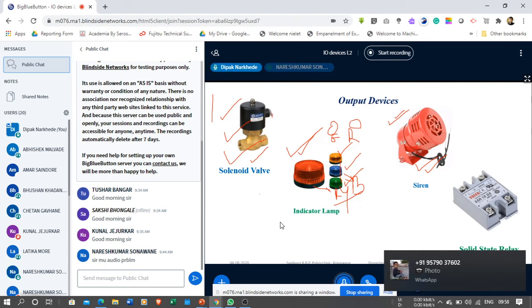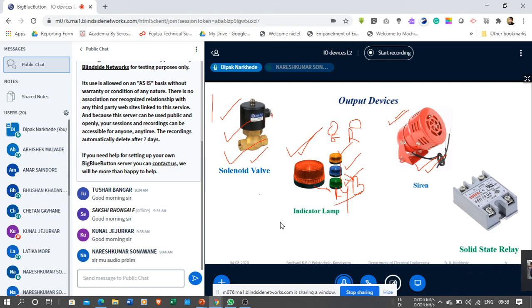Okay. What are the applications of the solenoid valve? The solenoid valve is used to stop the accurate amount of liquid or something which we have to put. It stops when the liquid has been completed. Okay.